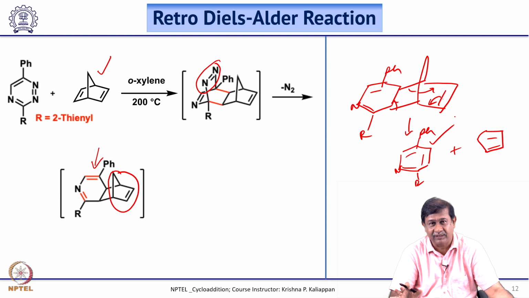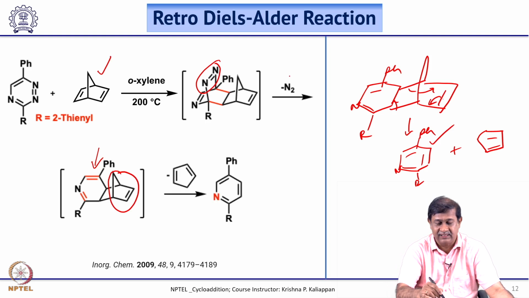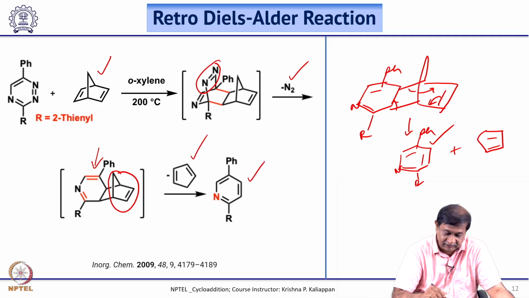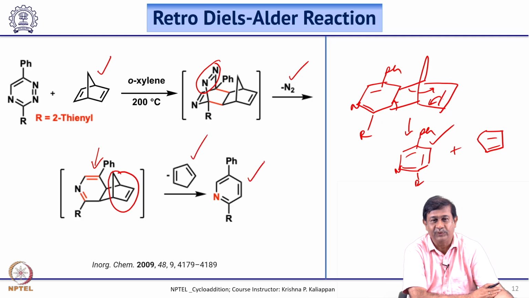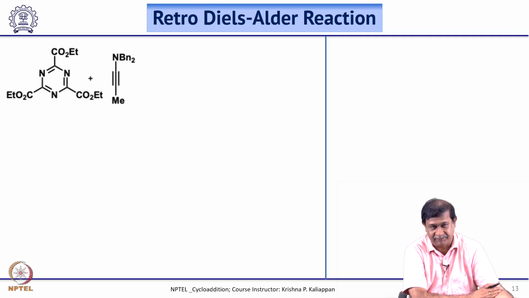So, two stable products are released during this retro Diels-Alder reaction. One is nitrogen, the other one is cyclopentadiene, and also the third important point is you get the stable aromatic pyridine compound. Okay. So, that is a driving force for this particular sequence of retro Diels-Alder reactions to take place.